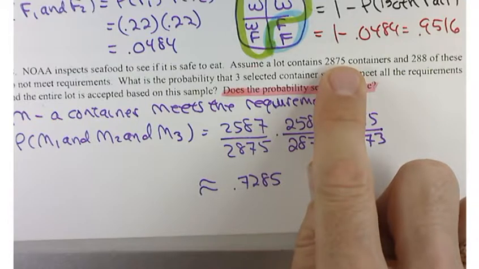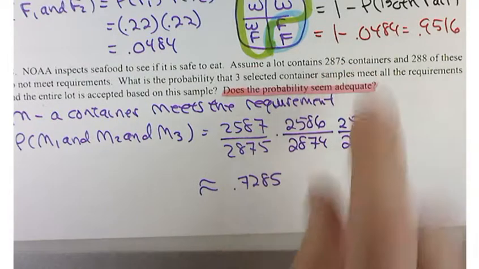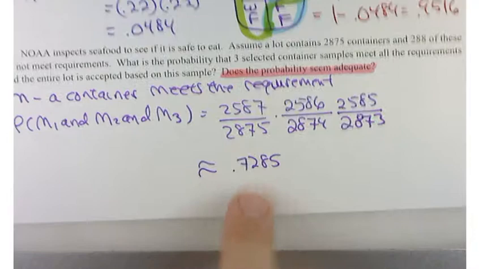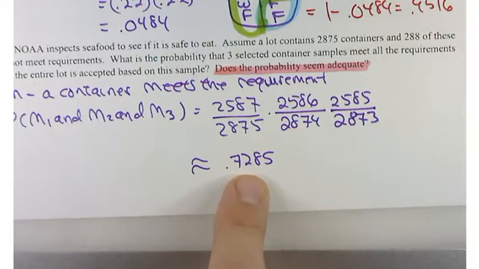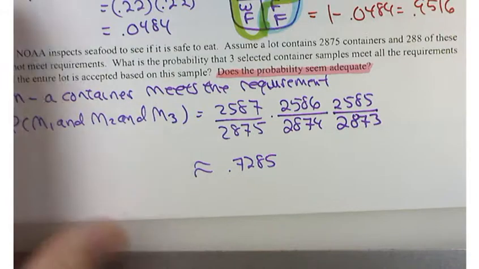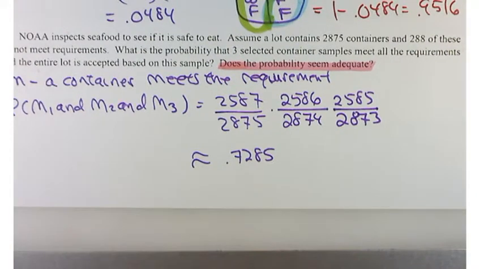So that means if this batch got passed, 1 out of 10 times when you buy this fish, you're getting something that doesn't meet requirements. So is this enough of a sample to ensure your safety? I don't know. I think the author's trying to make a little point here. He targets one of the airlines too at some point. I can't remember which one. It's like, take a look at their on-time rating.